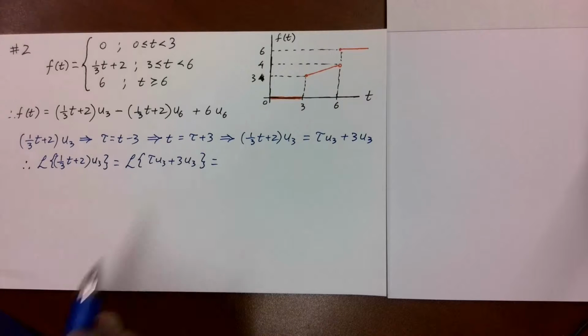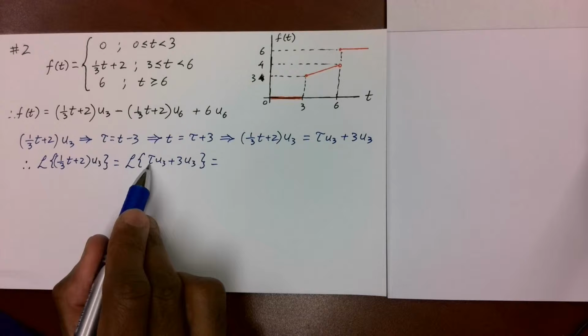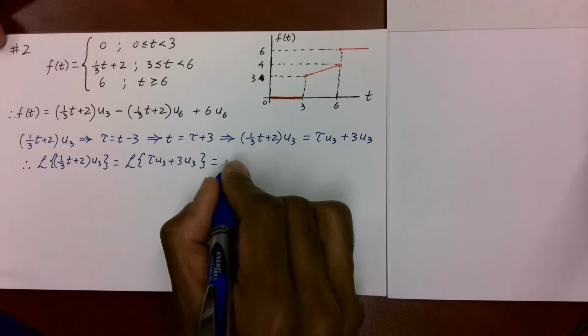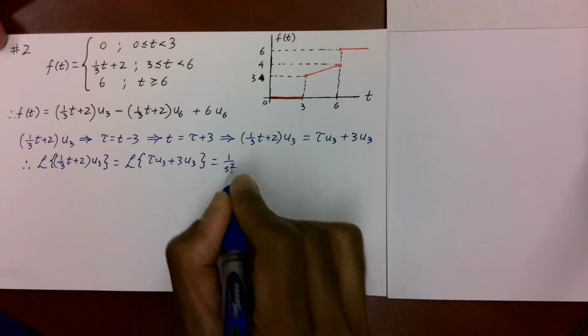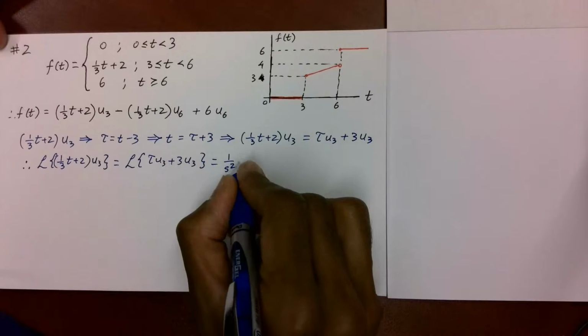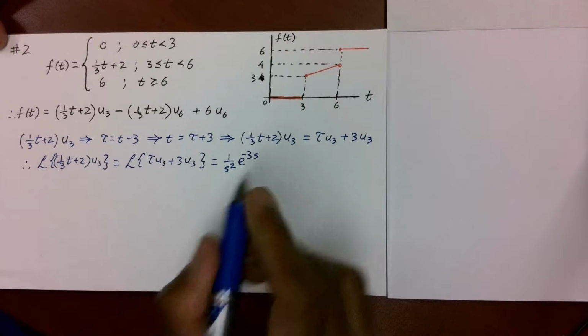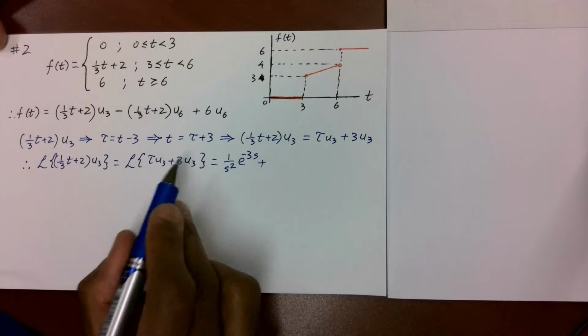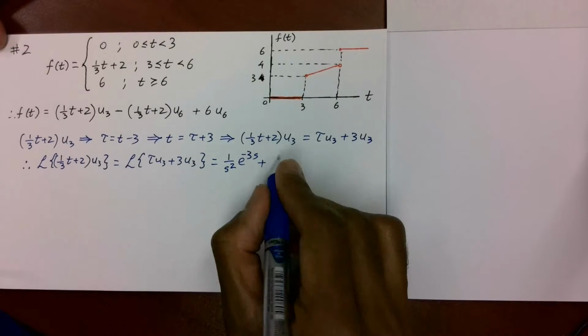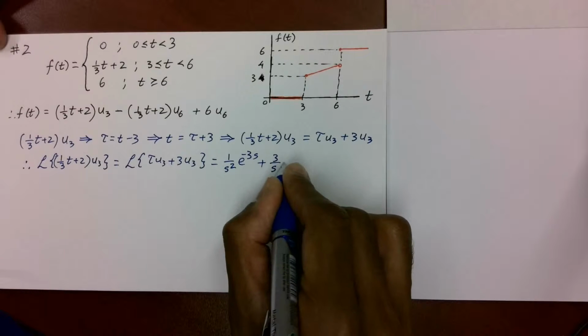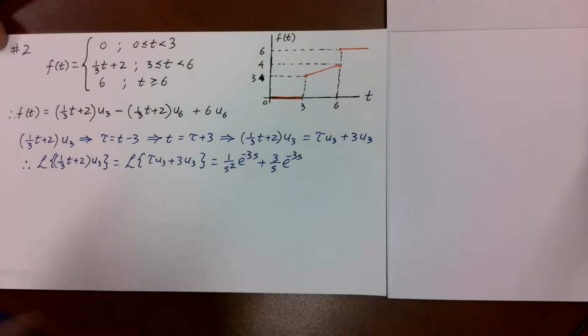And so remember, the Laplace transform of tau is 1 over s squared. u3 brings in e to the negative 3s, plus the Laplace transform of 3u3 is 3 over s e to the negative 3s.